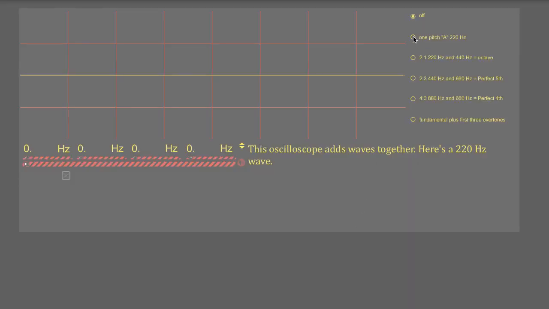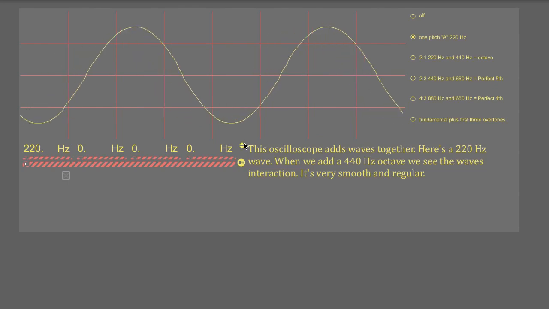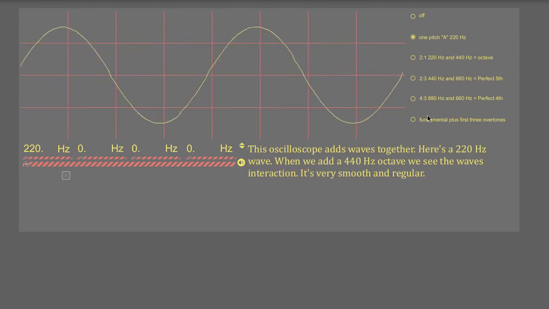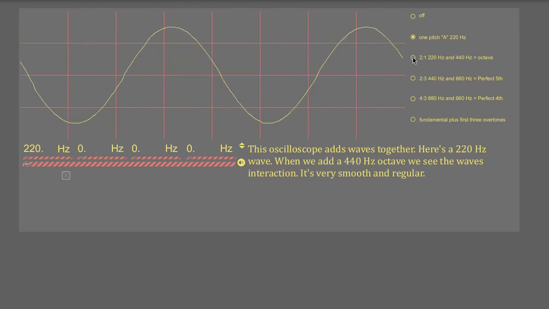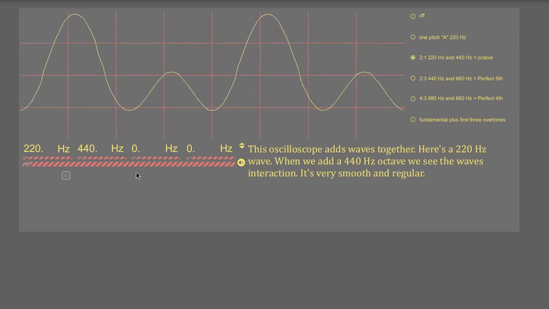Here's a 220 Hz wave like the one we were looking at in our first example. And here we can hear the pitch again. Do. When we add a 440 Hz octave, we see the two waves interaction. It's very smooth and regular.